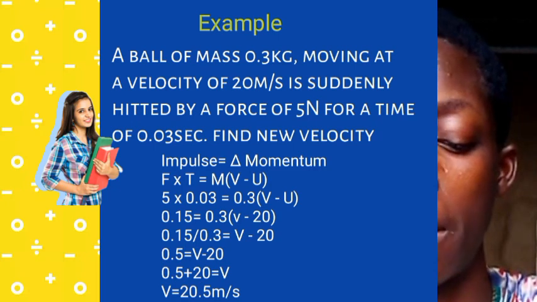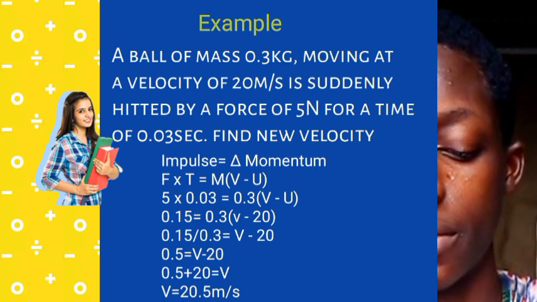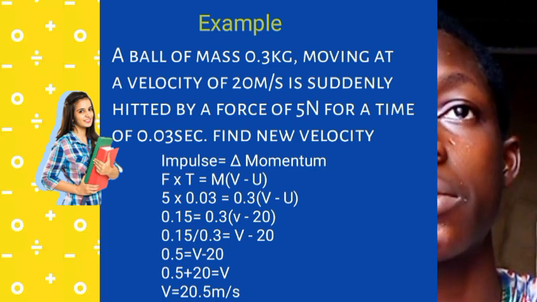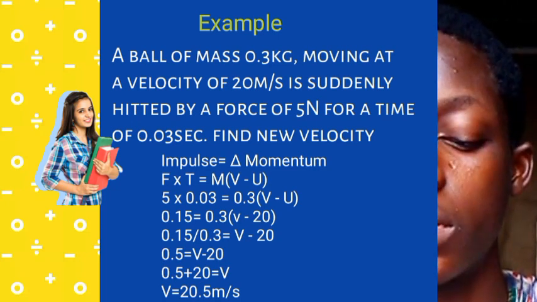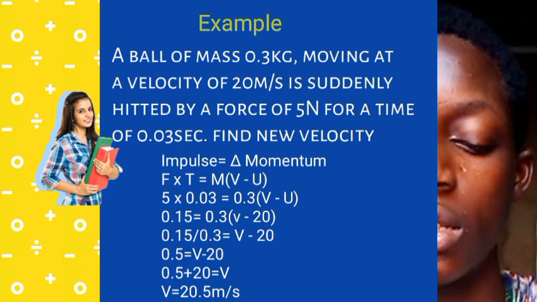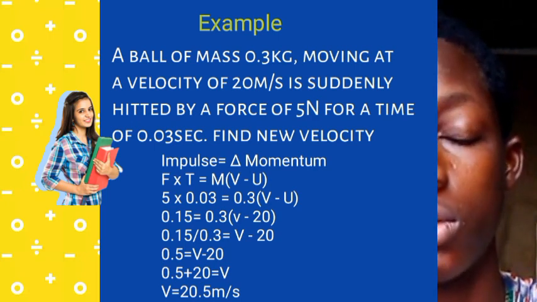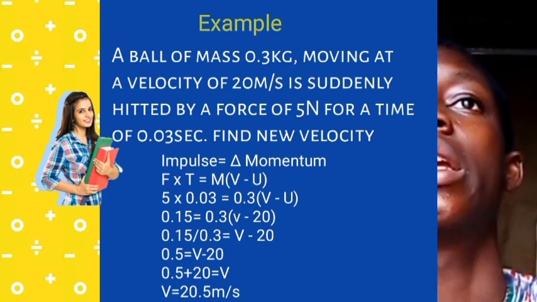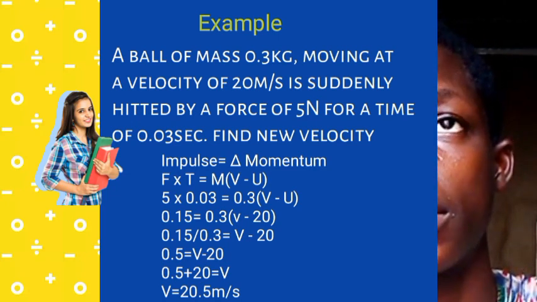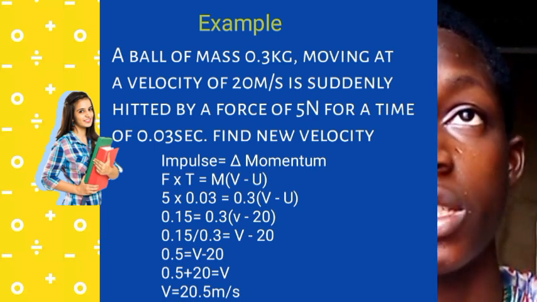So our impulse is force times time, that is 5 times 0.03, that gives us 0.15, equals change in momentum. From change in momentum, the mass is the same, then we can factorize the mass from the equation. So 0.15, which is the impulse, equals 0.3, the mass, into bracket V minus the initial velocity, which is 20.